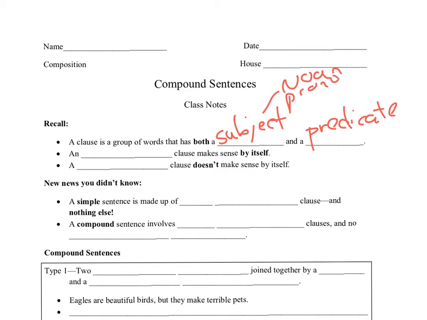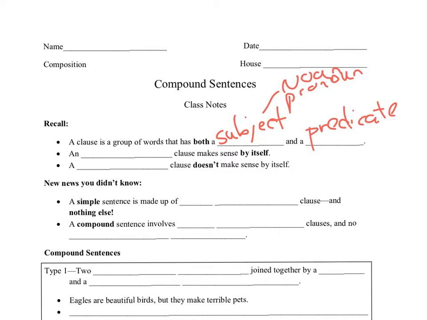And pronouns take the place of nouns. If you're going to use a pronoun as the subject of your sentence, you need to make sure somewhere in your writing, preferably before you use that pronoun, you have stated what that pronoun is taking the place of. In other words, its antecedent. Have you defined that pronoun?